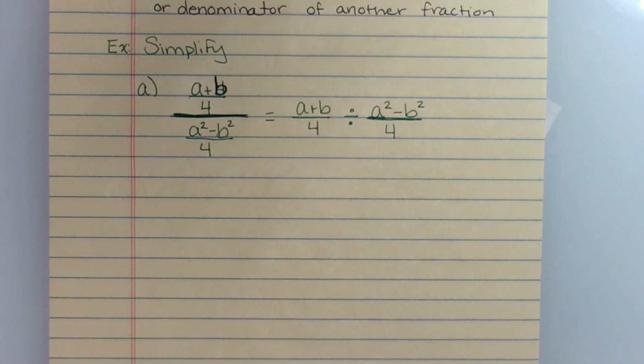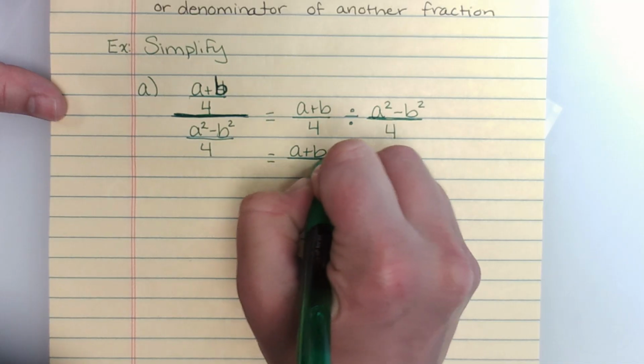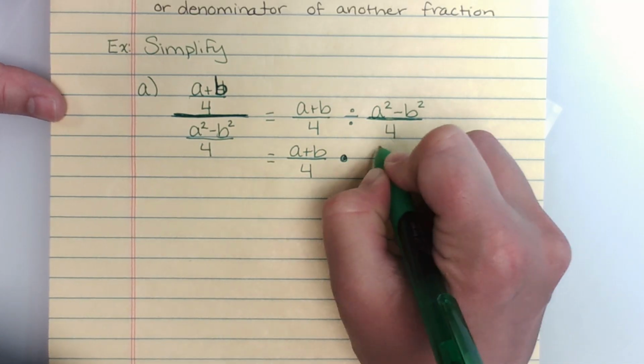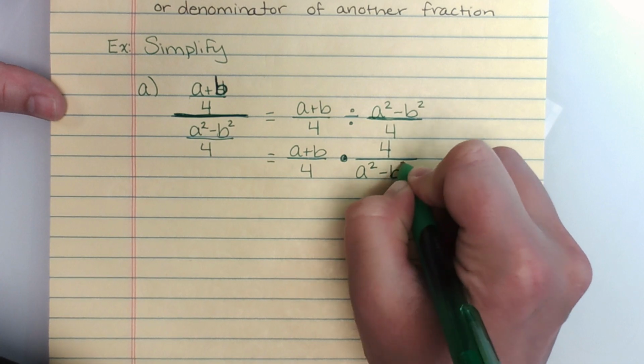How do we divide fractions? Keep, change, flip. A plus B over 4 is getting multiplied by 4 over A squared minus B squared.